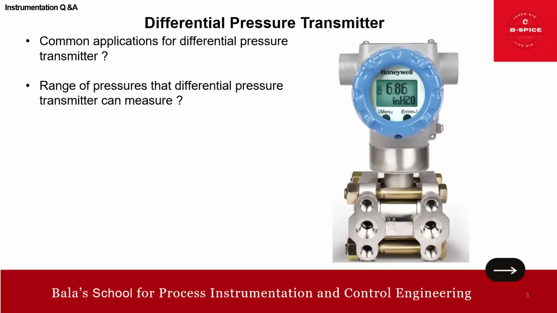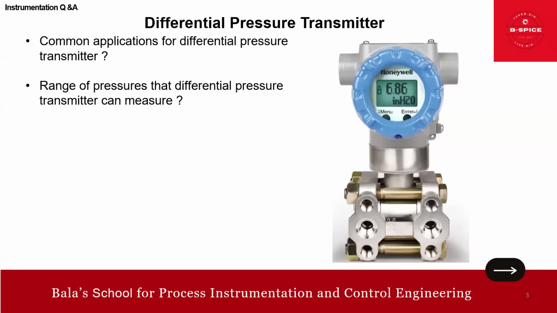Next, the range of pressure that a differential pressure transmitter can measure. So what is the range? Basically, the pressure range that a differential pressure transmitter can measure depends on the specific model and design.